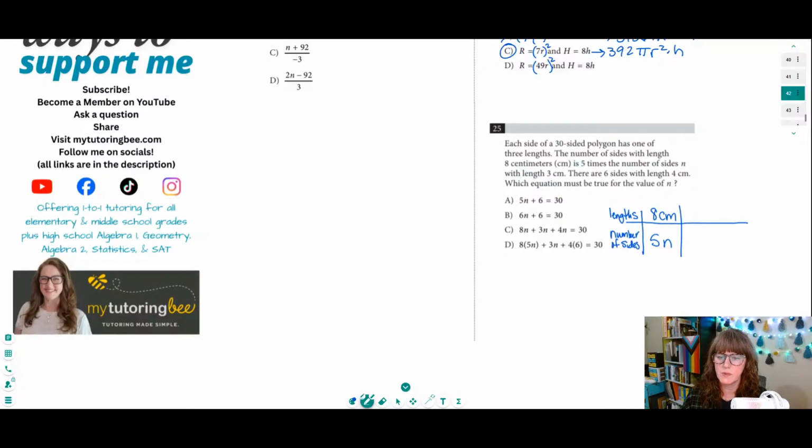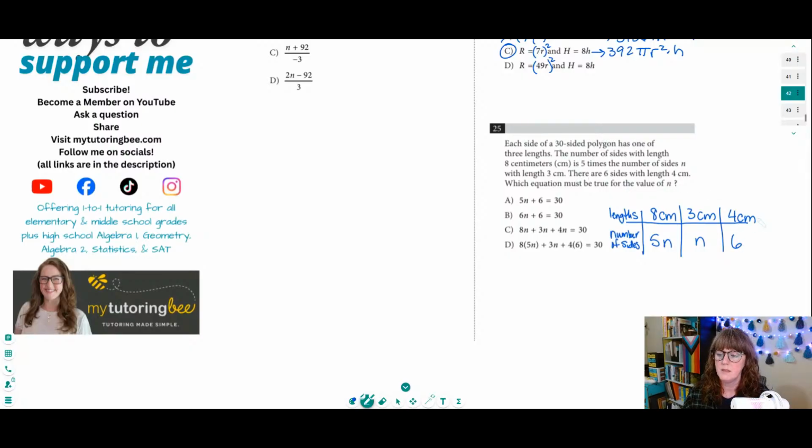The number of sides with length 8 centimeters is 5 times the number of sides n with length 3 centimeters. Okay, so I think we can keep that. We just now know that there are n sides. We don't know how many that n represents, but n sides that have 3 centimeters. And then the 8 centimeter sides, there are 5n of those. And then there are 6 sides with length of 4 centimeters.